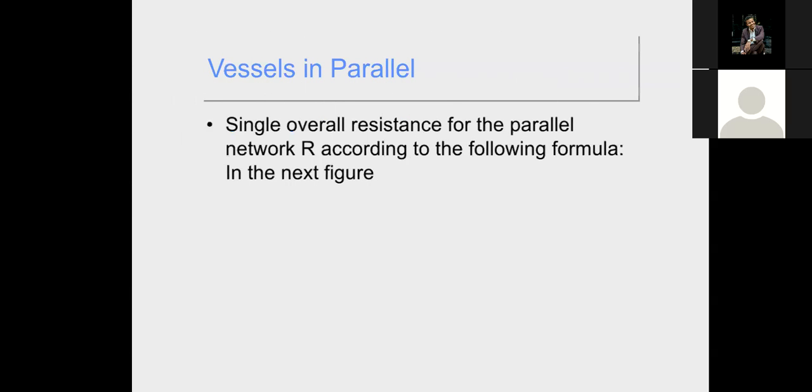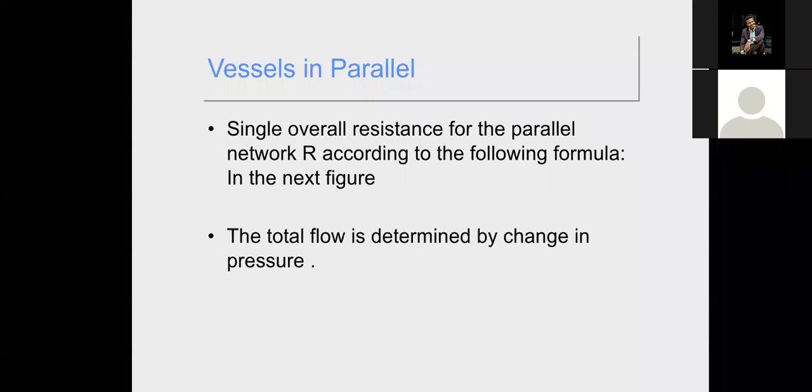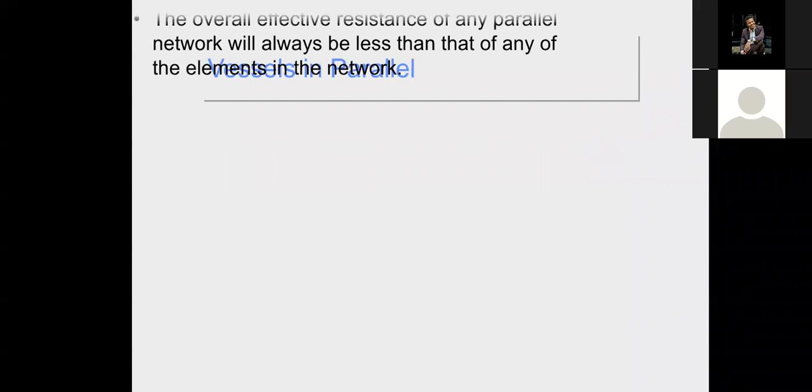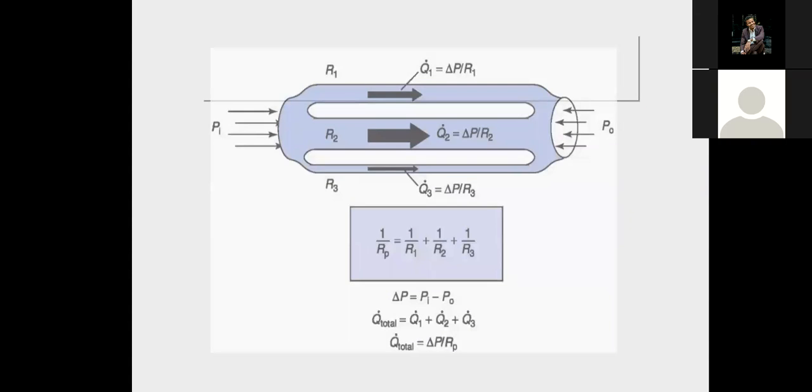The overall resistance for a parallel network can be calculated according to the following formula: the reverse of the total resistance equals the sum of the reverse resistance for each segment, and the total flow is also determined by the change in the pressure. So this is the formula.